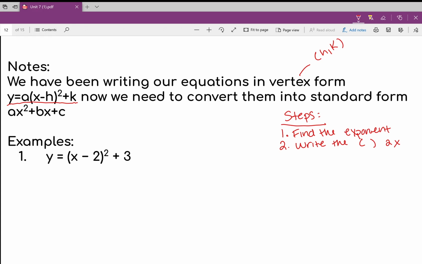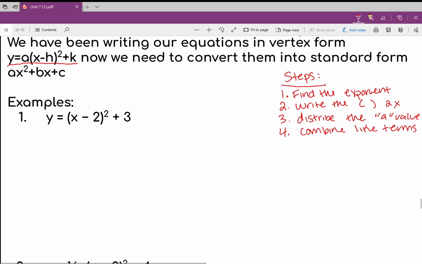Then we're going to distribute the a value, and then we're going to combine like terms.